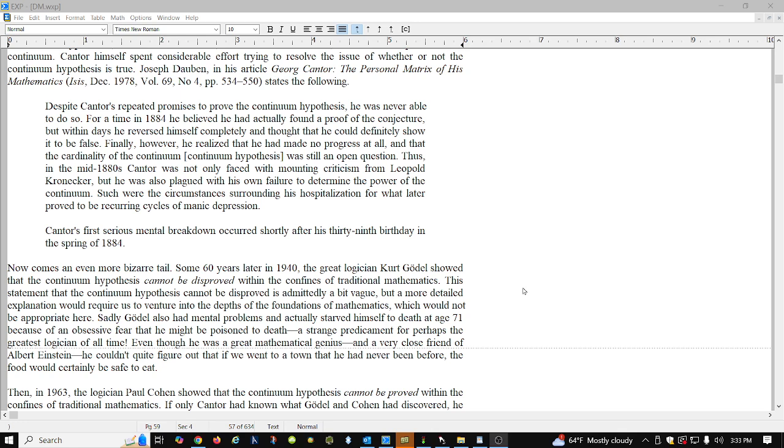But the continuum hypothesis could not be disproved. That doesn't mean it could be proved. It just can't be disproved. It's consistent with the foundations of traditional mathematics. So no contradiction will arise by assuming that it's true.